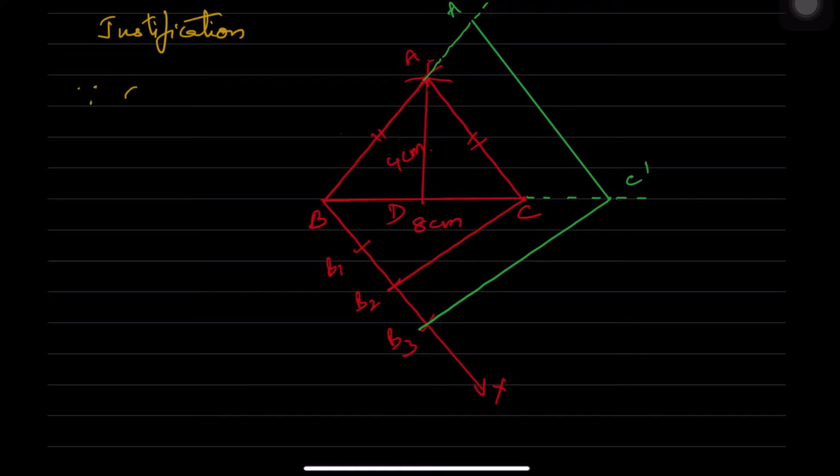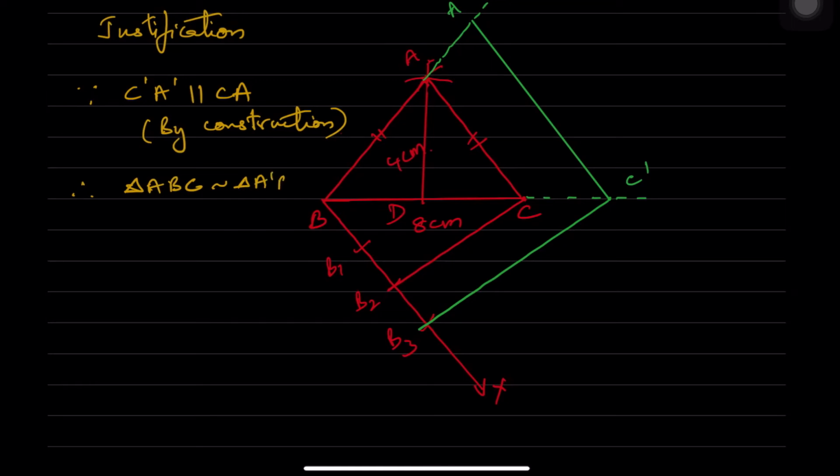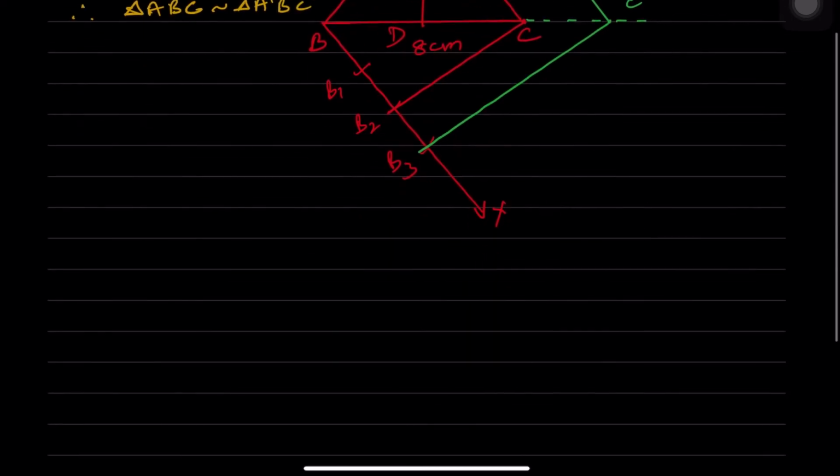Since C dash A dash is parallel to CA by construction, therefore triangle ABC is similar to triangle A dash B C dash using the AA similarity condition.